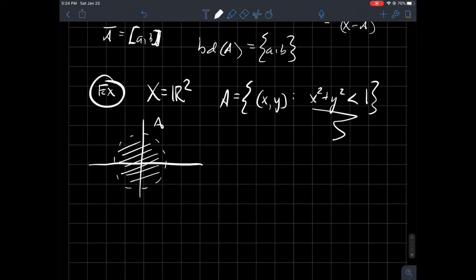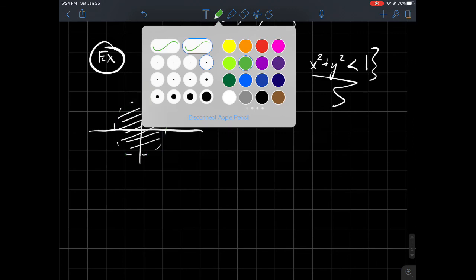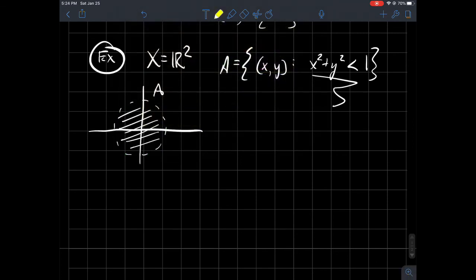Pretty cool, that's A. And so what would be the closure of A then? Well, the closure of A would just be me filling in the actual circle itself. And then what is the complement of A? So the complement of A would be, well, this is not part of A, and all the stuff outside of there.